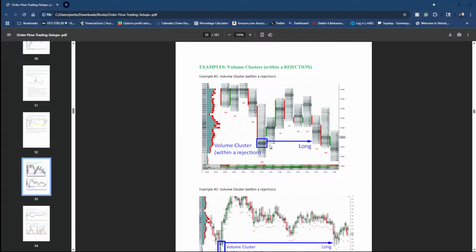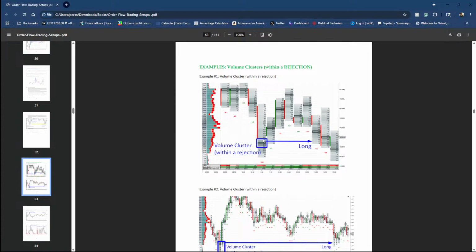If we're rejecting, it's always going to be a move down, right? I don't like the verbiage here, but Trader Dale is not a native English speaker, so it's okay. But just for me, if you're trading with me, always know a bounce means up, rejection means down. So in this case, price came down.